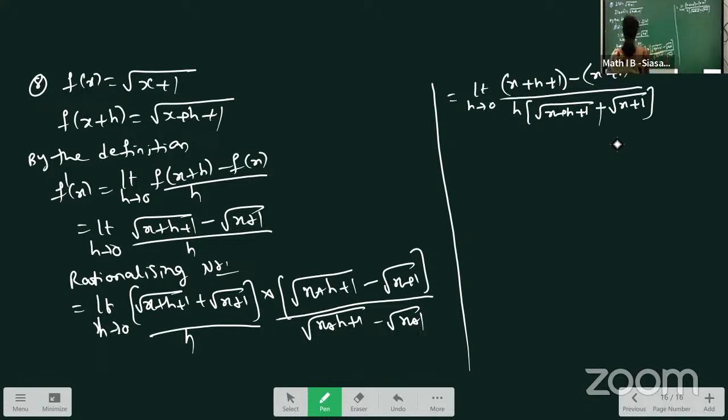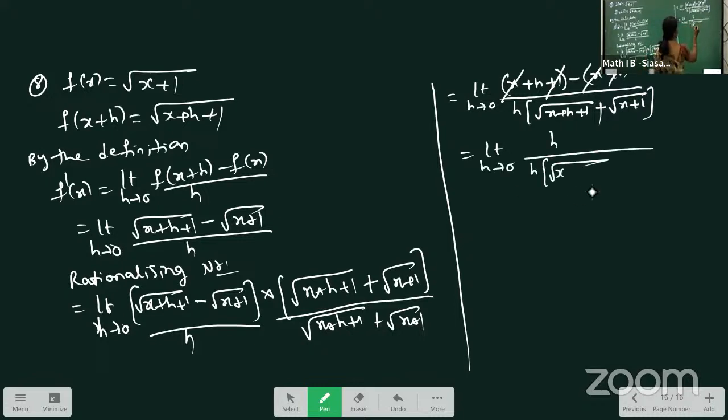In the question it is minus given, so this will be minus and the rationalizing terms will be plus. Here x cancels and 1 cancels. So the left out term is limit h tends to 0, h by h into under root of x plus h plus 1 plus under root of x plus 1.